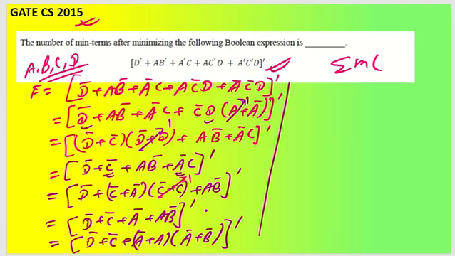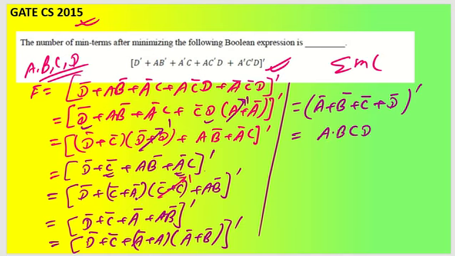whole bar, right? From here we are going to get A plus A bar will go to 1. So we will be left with A bar plus B bar plus C bar plus D bar, right? So we can write it down as (A bar plus B bar plus C bar plus D bar) whole bar, right? And by De Morgan's theorem, I can put all of them together and write it down as (A B C D) whole bar.